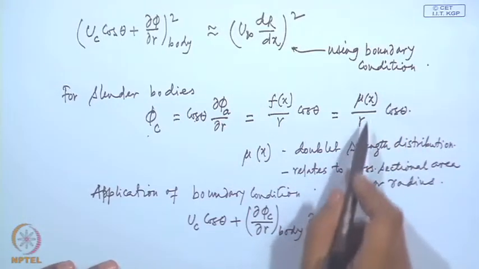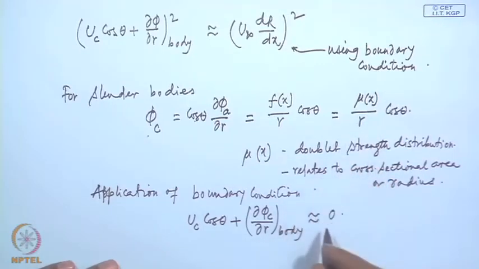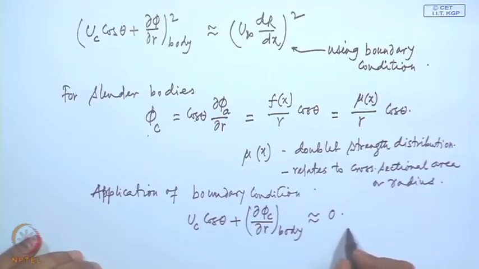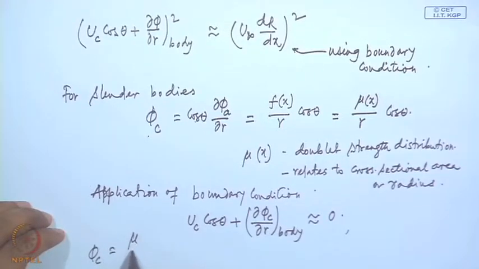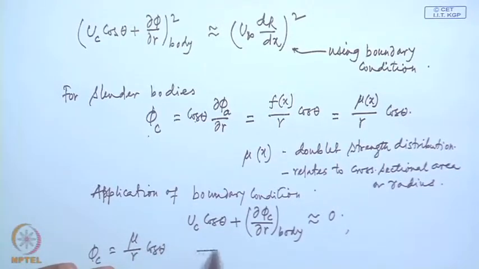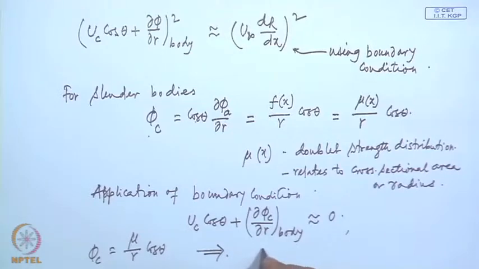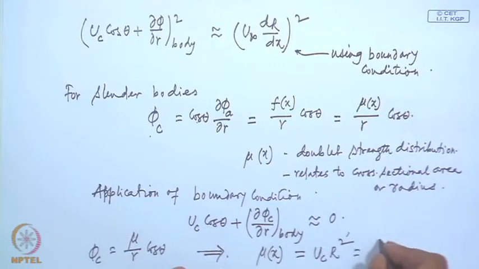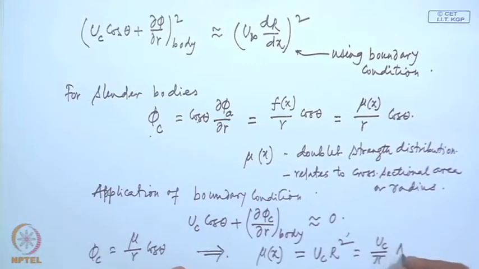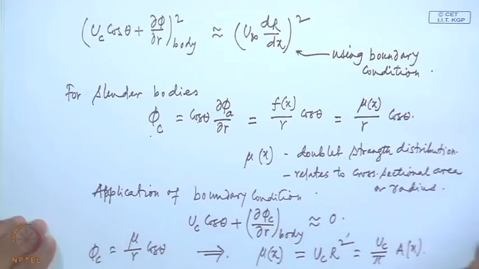And if we substitute phi c equal to this term, so phi c equal to mu by r cos theta, then it gives us that mu is u c into r square, which is u c by pi a, where a is the cross sectional area at a particular station x.